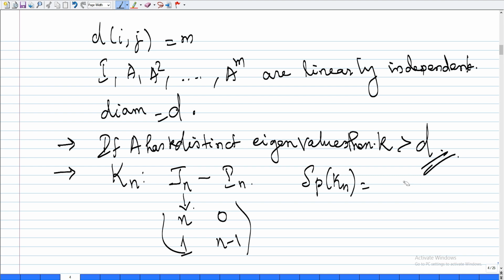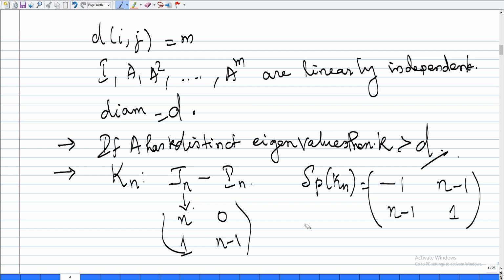I said we will do in increasing order, so let me stick to that. So, the multiplicity of the eigenvalue minus 1 is n minus 1, and there is an eigenvalue n minus 1 with multiplicity 1. Okay, so this is the spectrum of Kn, right.